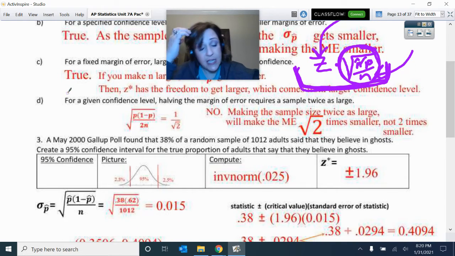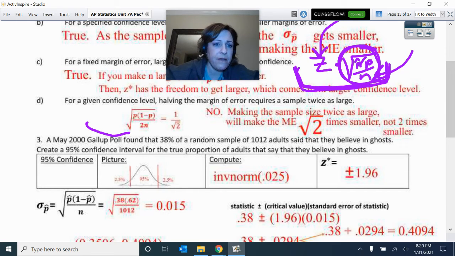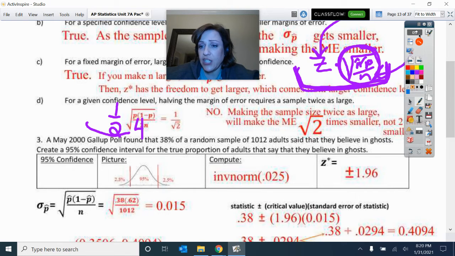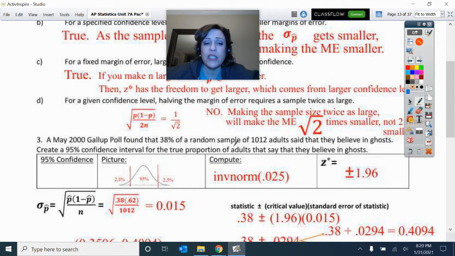Now, this says for a given confidence level, halving the margin of error. If you halve the margin of error, that actually comes from a 4 being on the inside of the square root, not a 2.